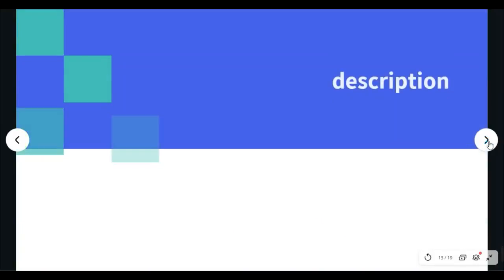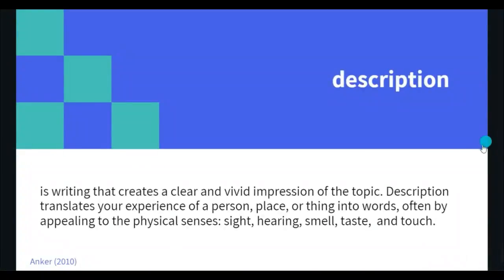The first one is description. Description is writing that creates a clear and vivid impression of the topic. Description translates your experience of a person, place, or thing into words, often by appealing to the physical senses: sight, hearing, smell, taste, and touch.